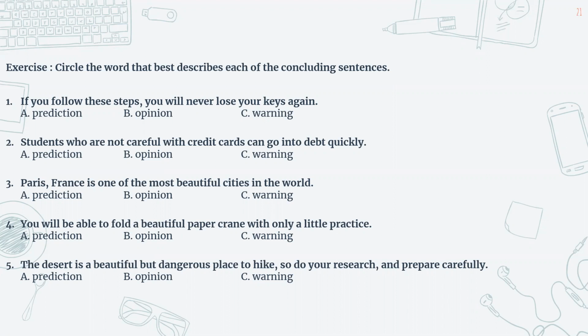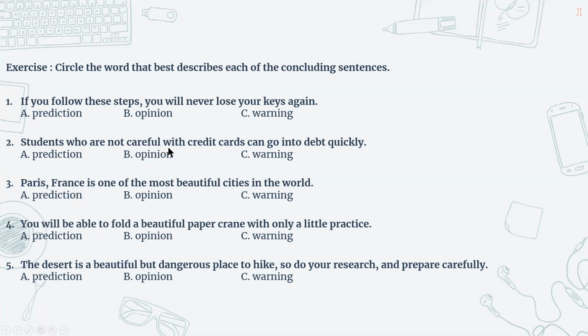Does it make a prediction about the future, or give an opinion, or warn the reader? If you follow these steps, you will never lose your keys again. So this is a prediction. This is a concluding sentence, but it is making a prediction about the future. If you follow my steps, the ones that I talked about in the paragraph, you will never lose your keys again. But of course, there is no guarantee. Of course, this is a prediction.